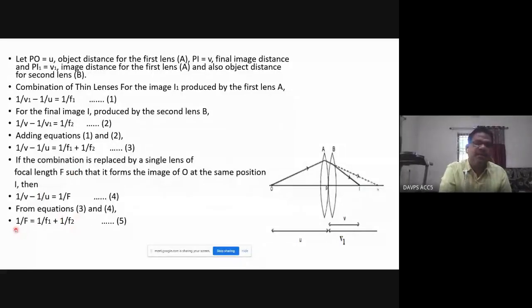If 1 by F1 is the power of lens A and 1 by F2 is the power of lens B, the combined power P will be equal to P1 plus P2. This is the formula you get for lenses in contact: 1 by capital F equal to 1 by F1 plus 1 by F2.